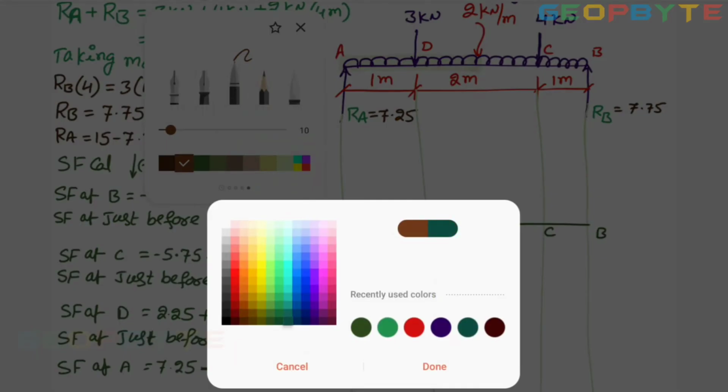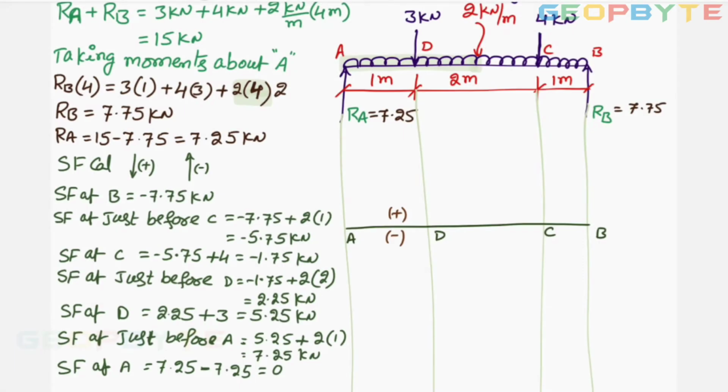I am going to take positive values above the reference line, negative values below the reference line. So with that, let me construct the SF diagram. SF at B minus 7.75, somewhere here, 7.75. You need not write minus once again, because you already put the minus sign. SF at just before C minus 5.75, exactly at C 1.75 on the negative side.